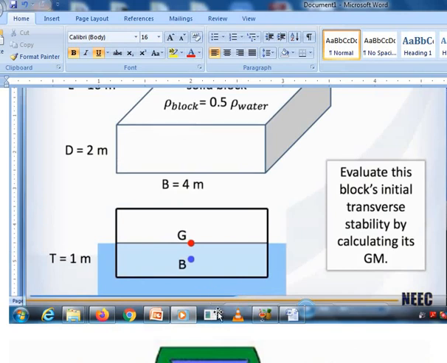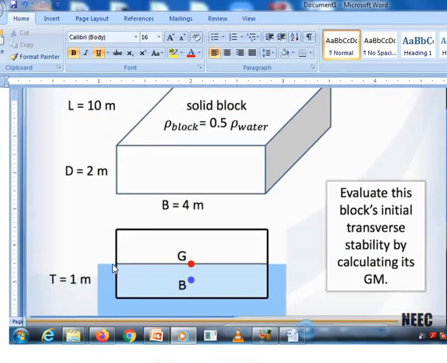Then, just like I was telling you, look at the height of the block. The total height of the block is 2 meters. But when they dip this block, let's consider it to be an ice block, in the water, it is only 1 meter that is submerged.